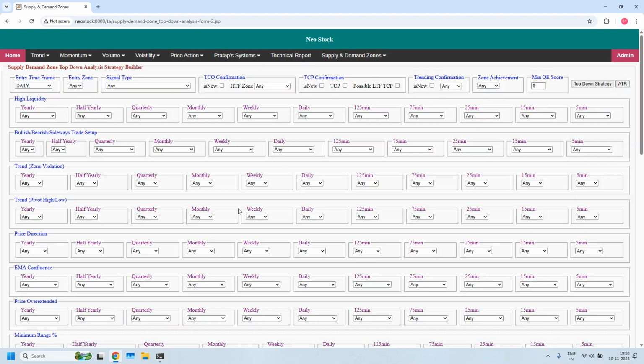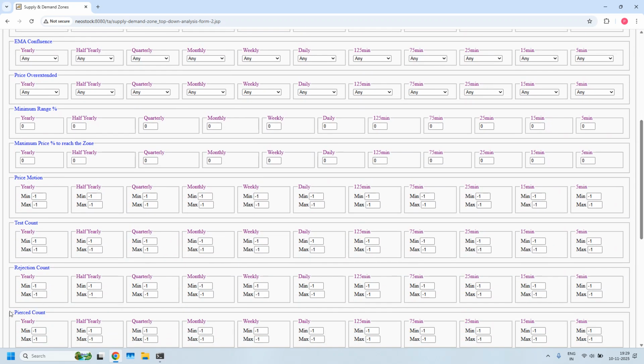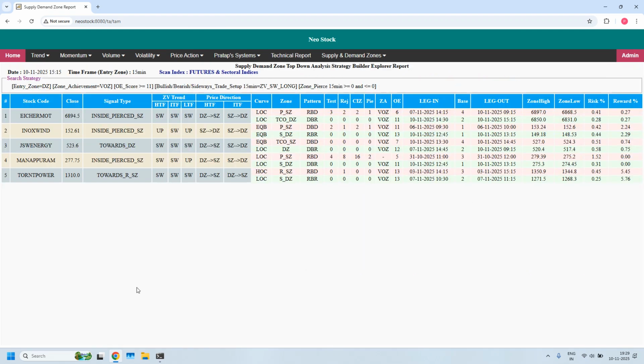Next, daily income trade, sideways long trade setup, 15 minutes demand zone, sideways long, pierced count for 15 minutes demand zone, should not be pierced. So we got 5 stocks.